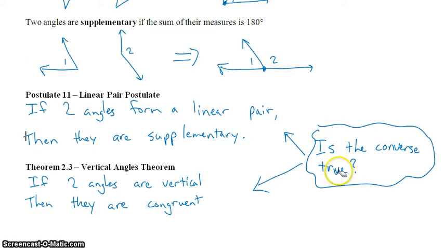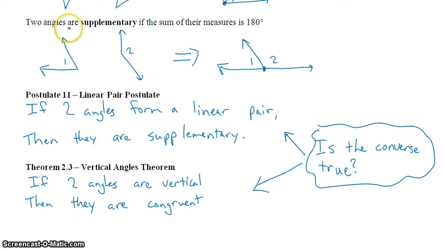Take a look at the linear pair postulate. If two angles form a linear pair, then they are supplementary. That is true. What about the converse? If two angles are supplementary, then they form a linear pair.